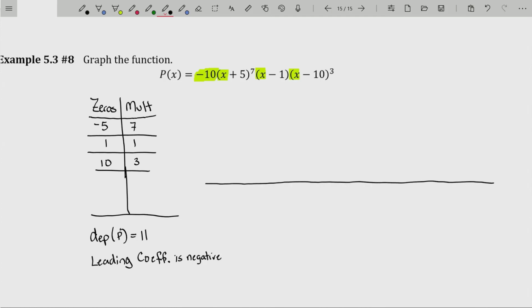Also, I do want to note that you probably didn't notice it in the last example because we had a y-intercept. But in this example, this polynomial, as every polynomial does, strikes the y-axis. However, I strongly advise you against finding the y-intercept here.